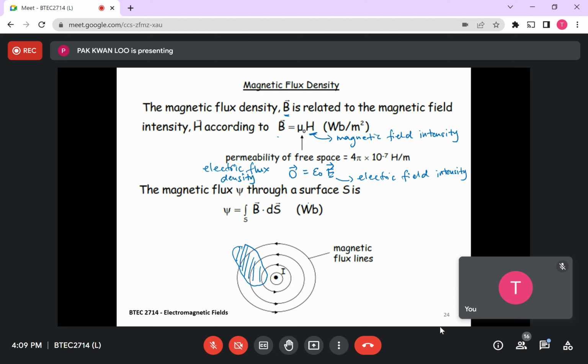Who can tell me what the unit is? So one is in Weber. Let me write this now, in case you are not sure. This is not equal, I should call this electric flux. They are not comparable, they are not the same, just for comparison purposes.